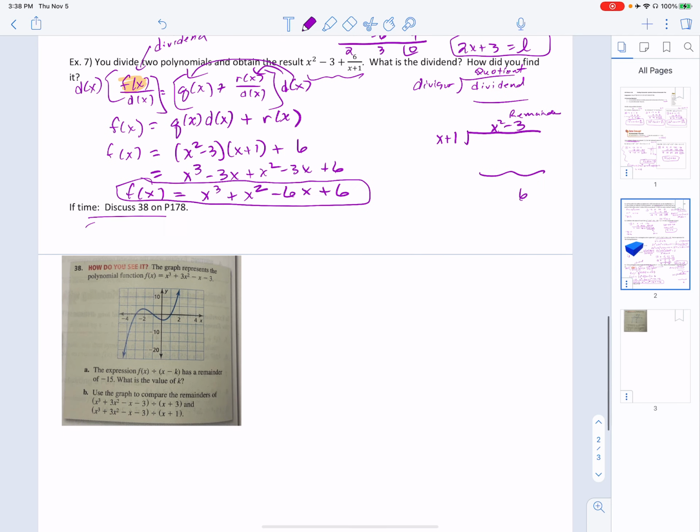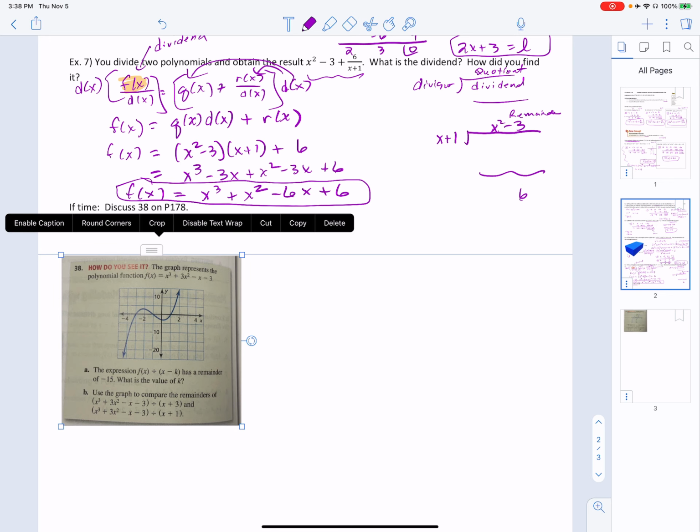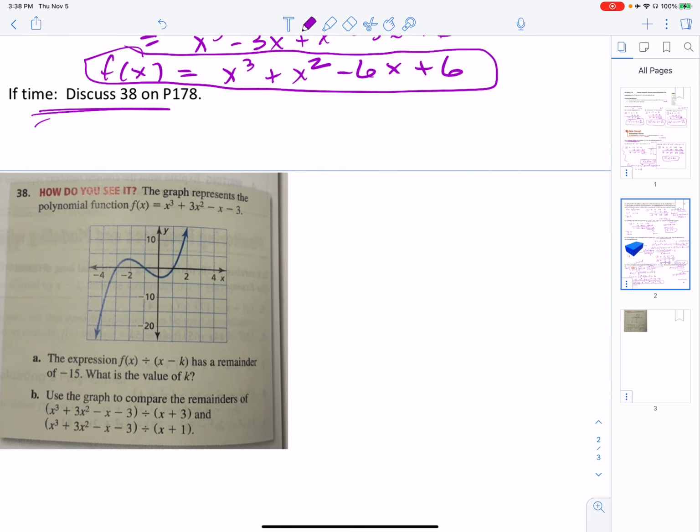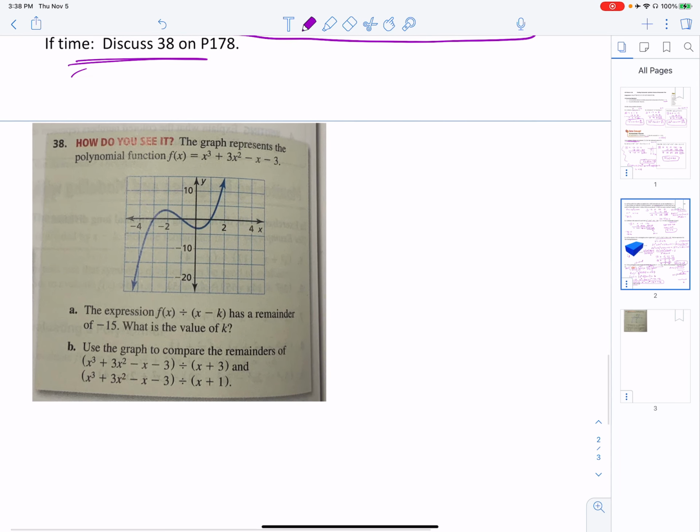And then number 38 has to do with the remainder theorem, and I kind of hinted at it that the remainder is the distance from the x-axis. So when we have this f of x divided by x minus k has a remainder of -15.